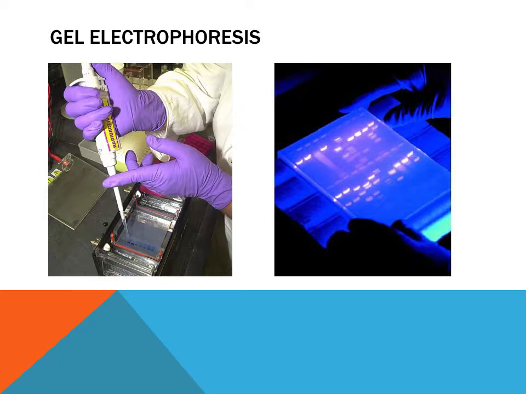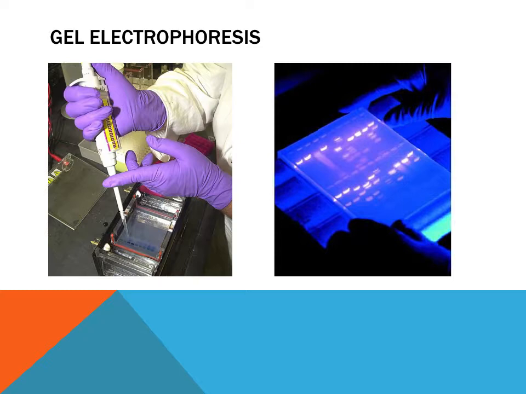The electric current will pull the DNA down the Jello, and the DNA will slowly move down this gel, and how fast it moves depends on each person. So each person is going to have a different design when it comes to their DNA. Each person, this is like a picture or a snapshot of your DNA.